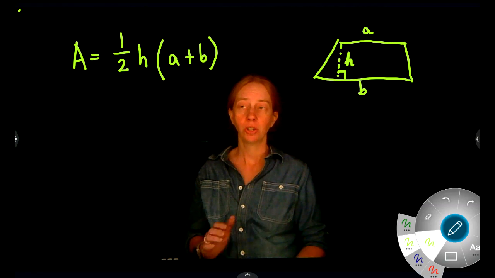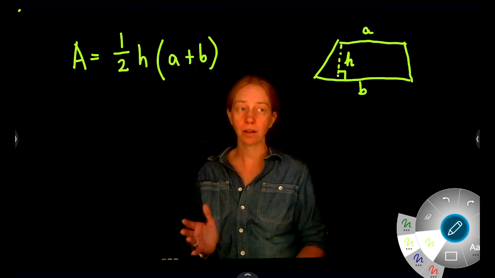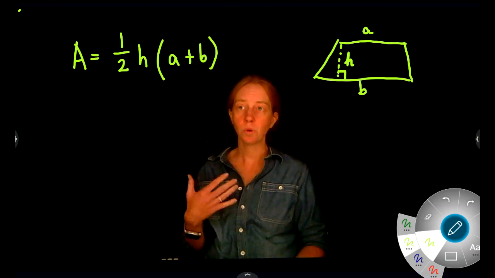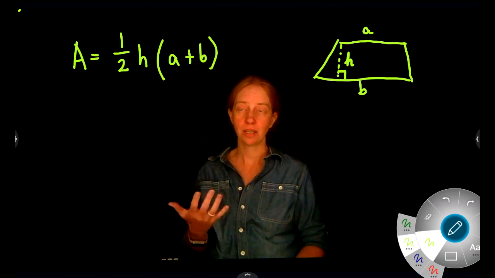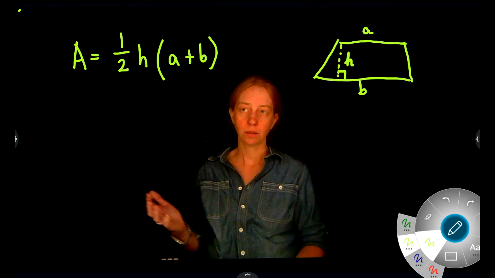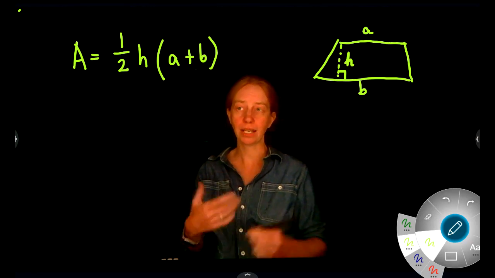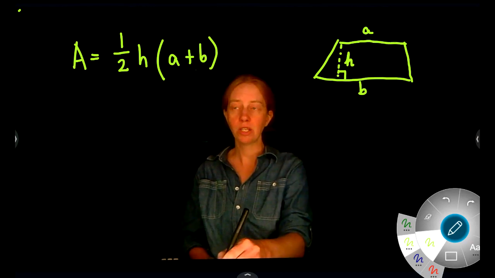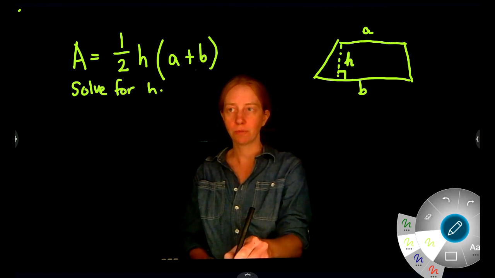Sorry, I said that wrong. You didn't know the height, but you knew the area. So in that case, you would want to solve this, and you want to have H equals blah, blah, blah that you can plug in. Okay, so let's say we knew the area, we don't know the height, so we want to solve for H. So I'm going to write that here, solve for H.